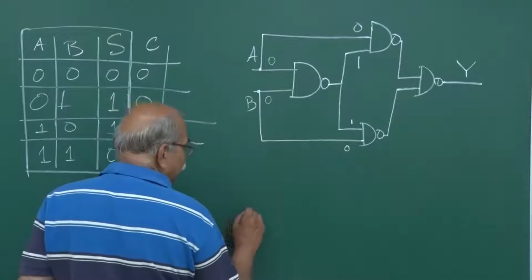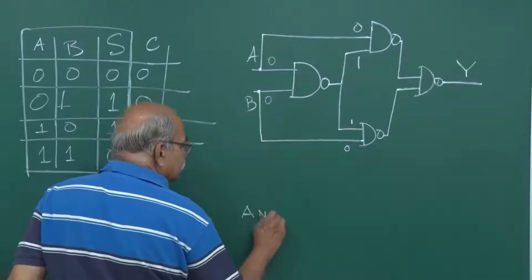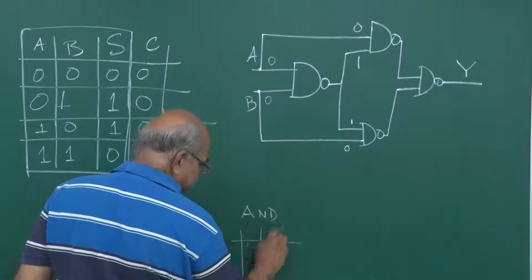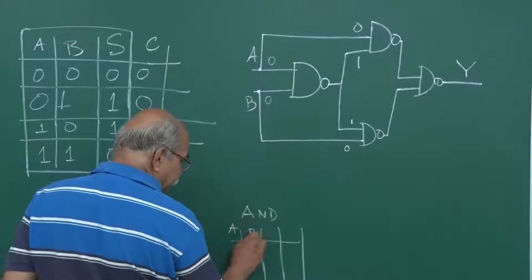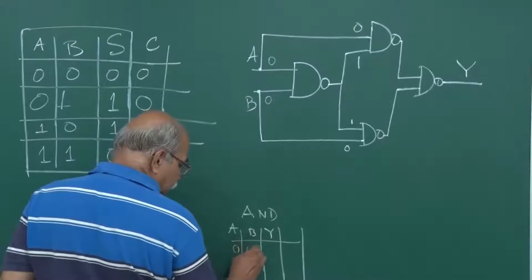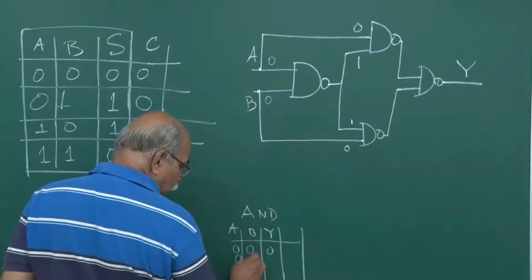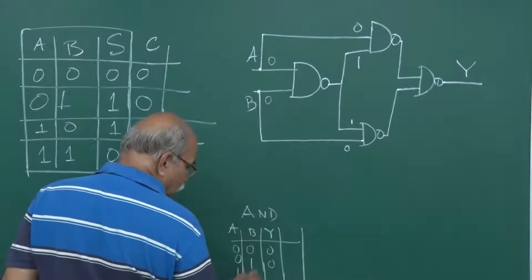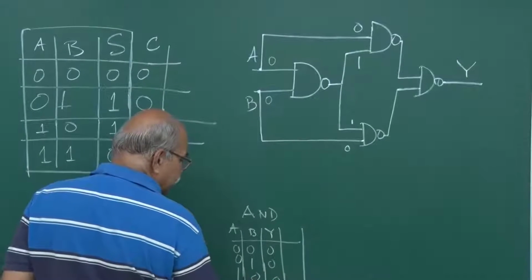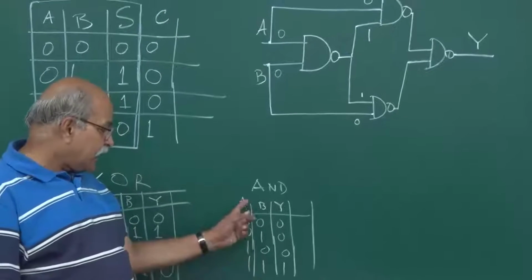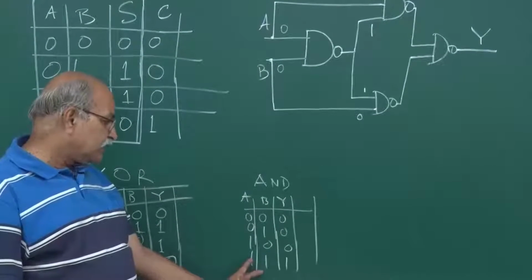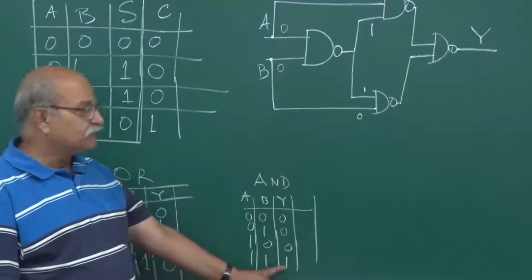For ready reference, if you want I can write the truth table. A, B, Y: 0 0 gives me 0, 0 1 gives me 0, 1 0 gives me 0, 1 1 gives me 1. This is AND. Only if both A and B are high, the output is high.